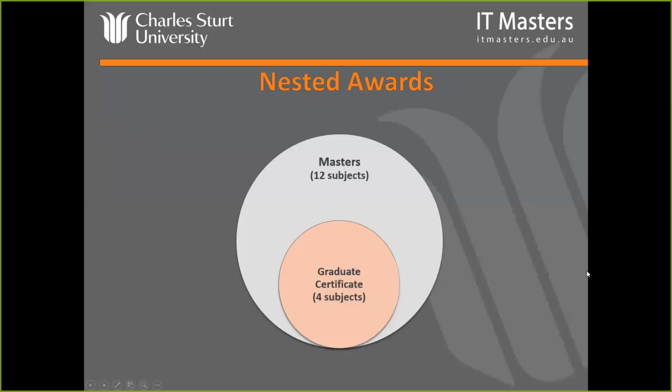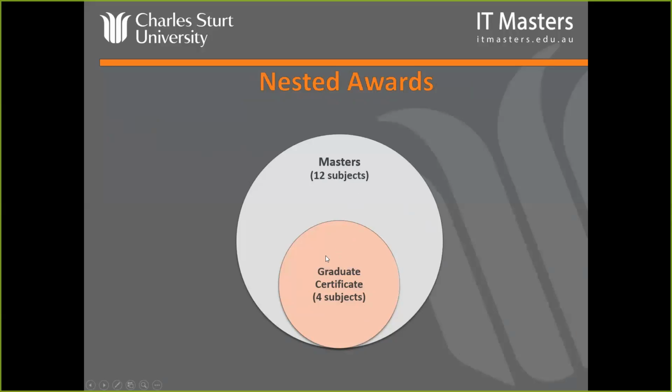I mentioned before about entering through a grad certificate pathway. The way that works is that all of the graduate certificates that we offer are subsets of a master's. If you're coming in on the basis of work experience, we would put you in a graduate certificate. You would do 4 subjects. If you get through that okay, then you simply transfer into the master's.